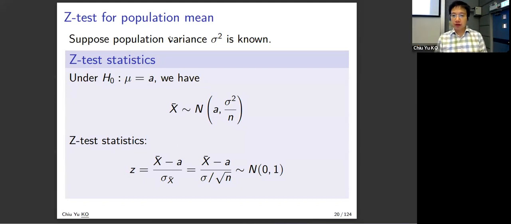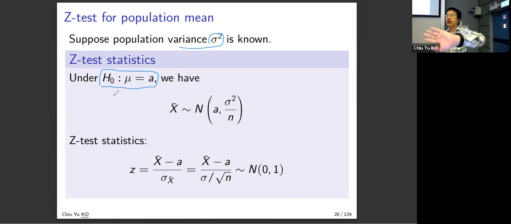So the idea is the following. Now I have sigma squared. What we do is the overarching assumption: we have a null, and we assume this is true, and see if the evidence is against it or not. That's the same as in the courtroom.